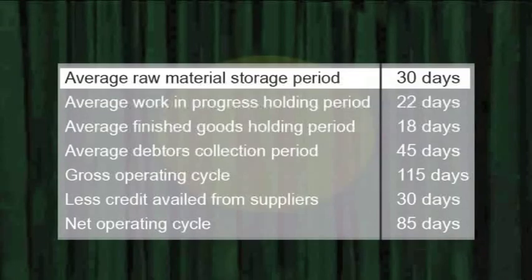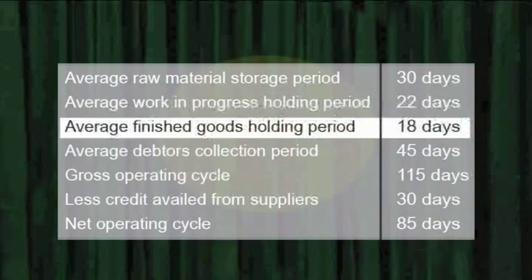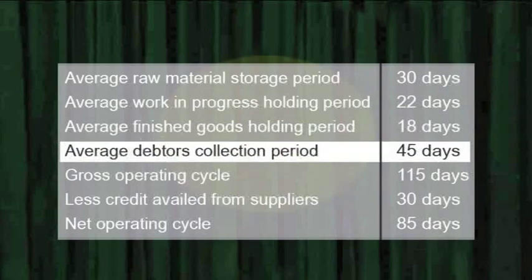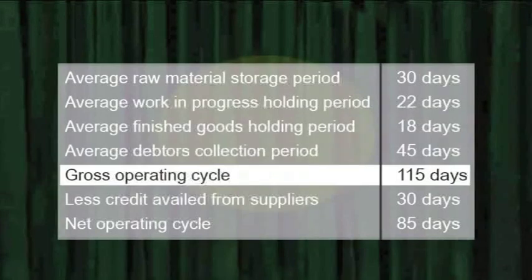So, it is 45 days. Adding 30, 22, 18 and 45, we are getting the entire amount as 115 days. This 115 days is the gross operating cycle period.